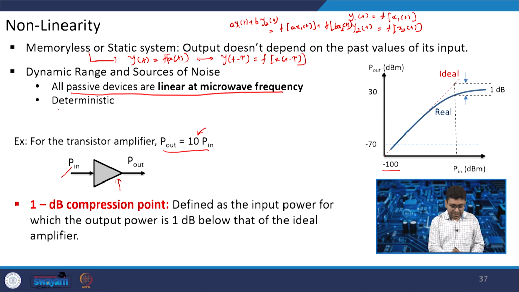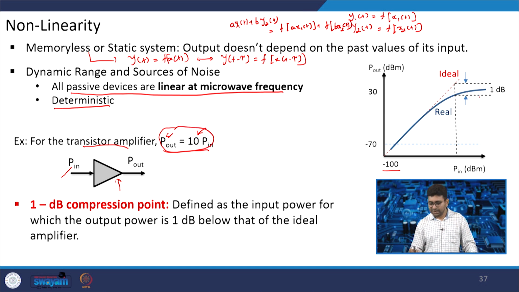Another term is deterministic, meaning you can know in advance what the output will be based on the function of the input and the gain. But for transistor amplifiers that is not true. After a certain point there is compression: the output will not follow this equation and the gain will start saturating.